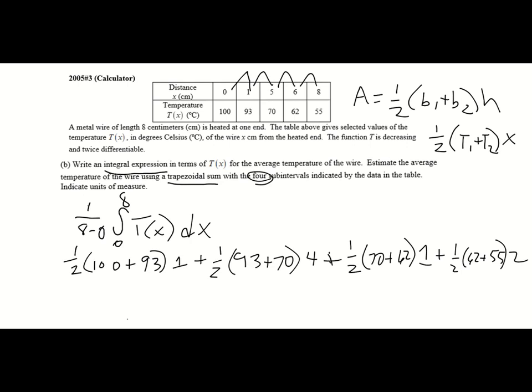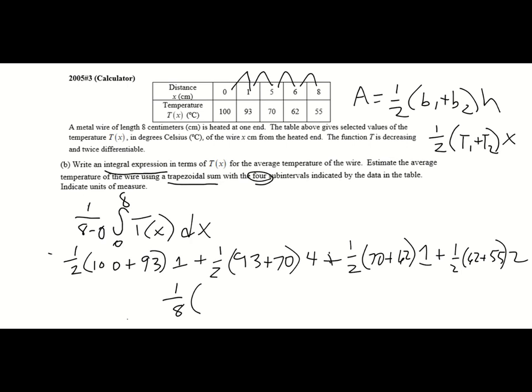And that will not be the answer to the problem because they wanted us to use the trapezoidal sum to estimate the average temperature. So that gets you the integral, but not the integral times 1/8. So whatever you get for your answer, you're going to do 1/8 times that value.